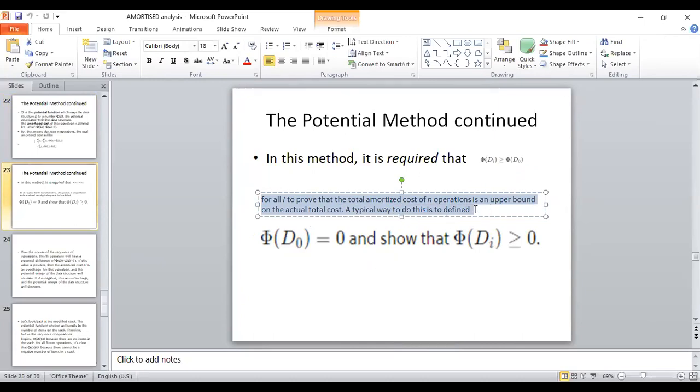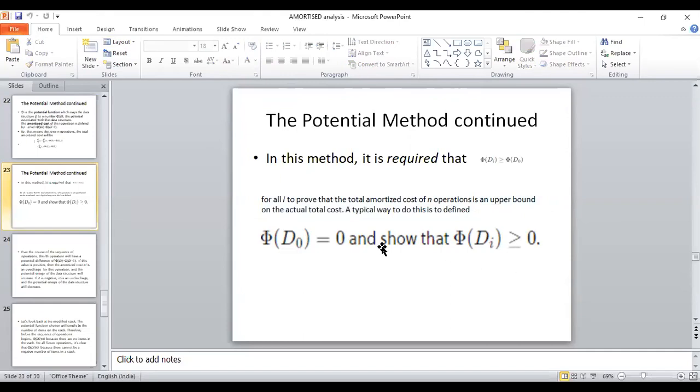A typical way to do this is to define phi of D0 equal to 0 and show that phi of Di is greater than or equal to 0, since we are performing insertion or deletion operations and we get the potential value.